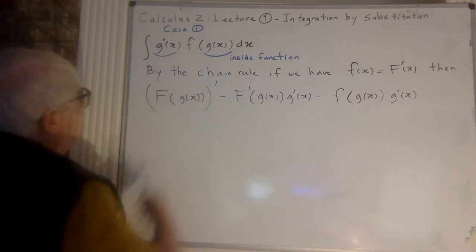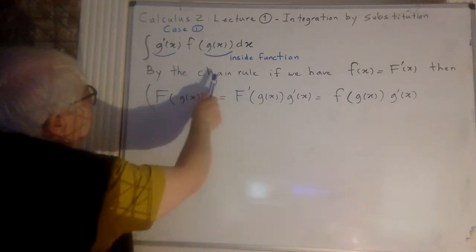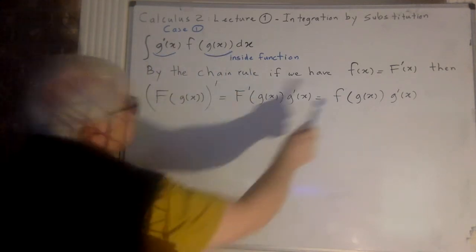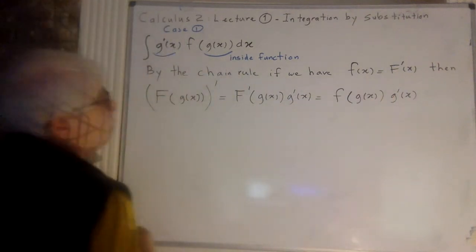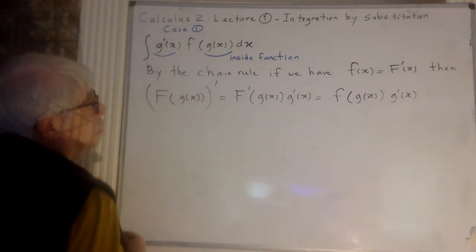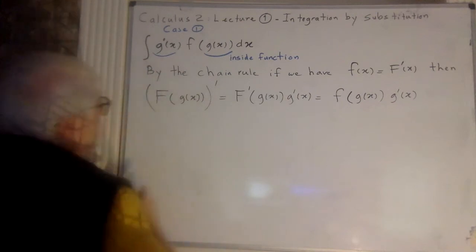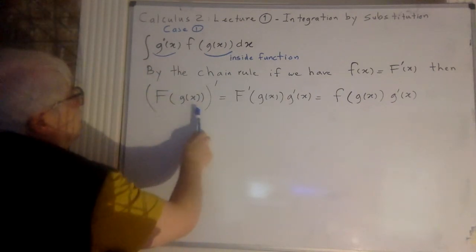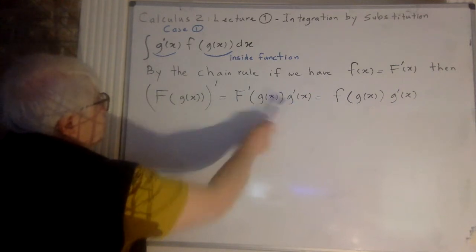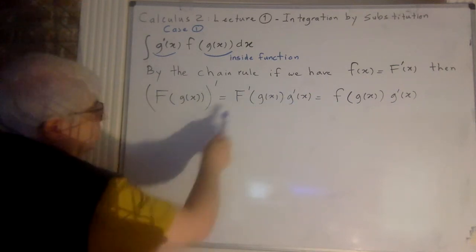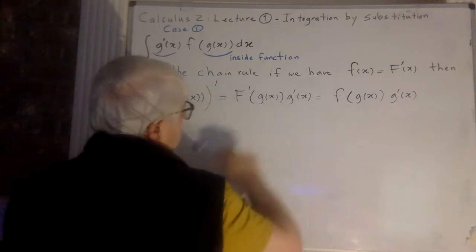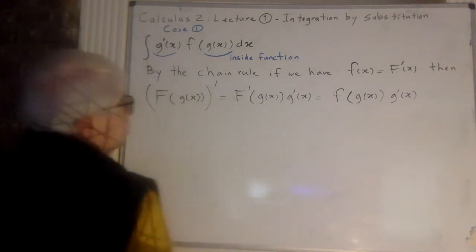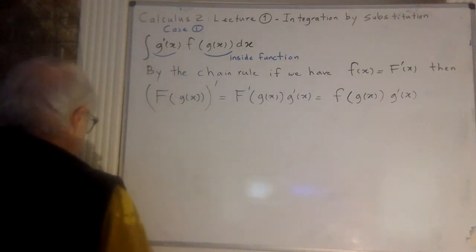So, if this happens, and by the chain rule, if we have a function, capital F(x), such that F prime x is this f(x), then by the chain rule, the derivative of this is f(g(x)) times g prime x. And since this is F, the derivative of this is that.